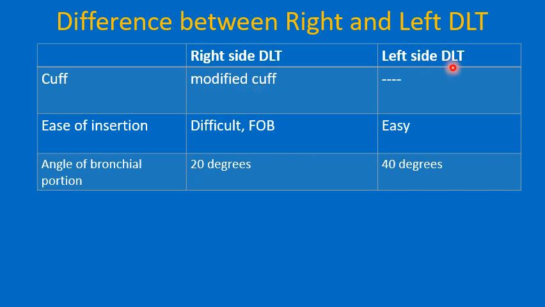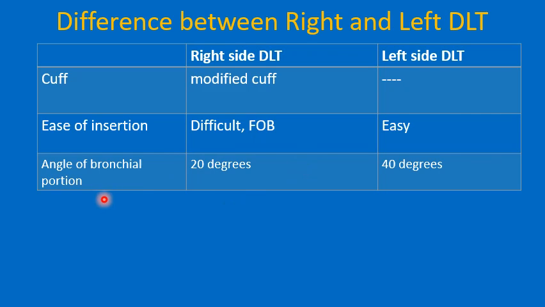In the left-sided DLT, it is not there. Because of the modified cuff, proper positioning is required, so the insertion is difficult, and the fiber optic bronchoscope is mandatory for proper positioning of the right-sided DLT. Compared to this, left-sided DLT insertion is easy.